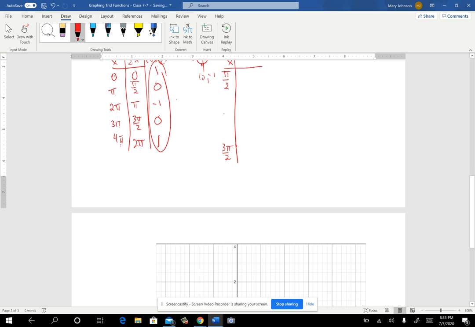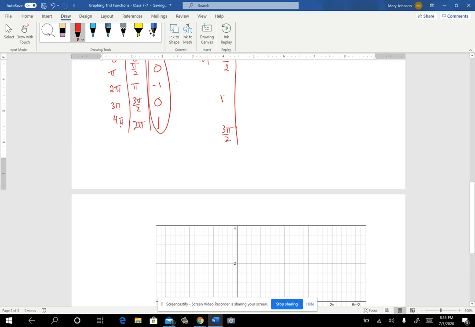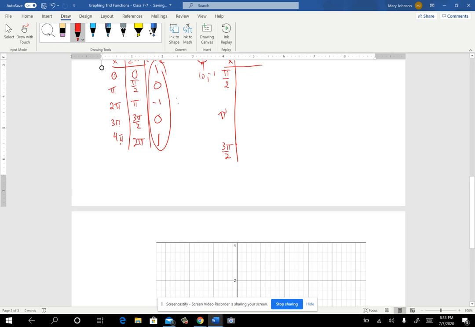Okay, so we're trying to find, here's the starting point, and here's the ending point, and we're trying to get 5 key points. So you can do it visually sometimes. So halfway would be pi, and then half of that and half of that you need to figure out. You should be able to see that this is pi pretty easily, or you can actually find the midpoint.